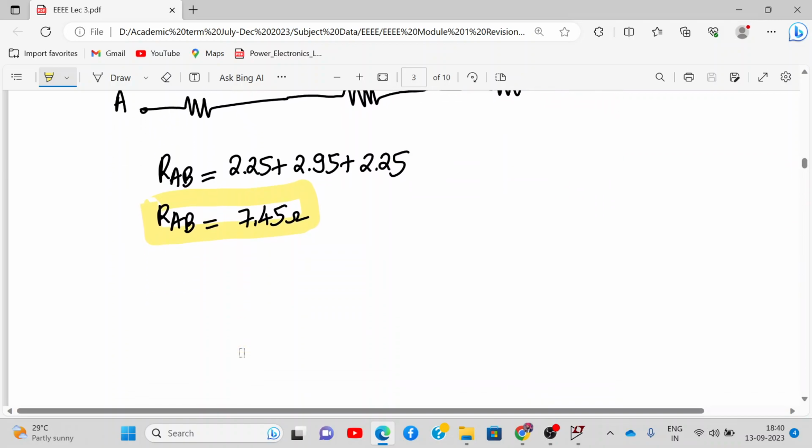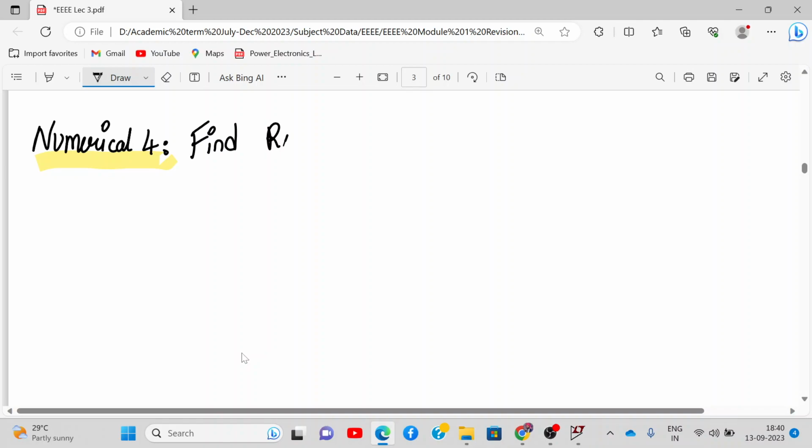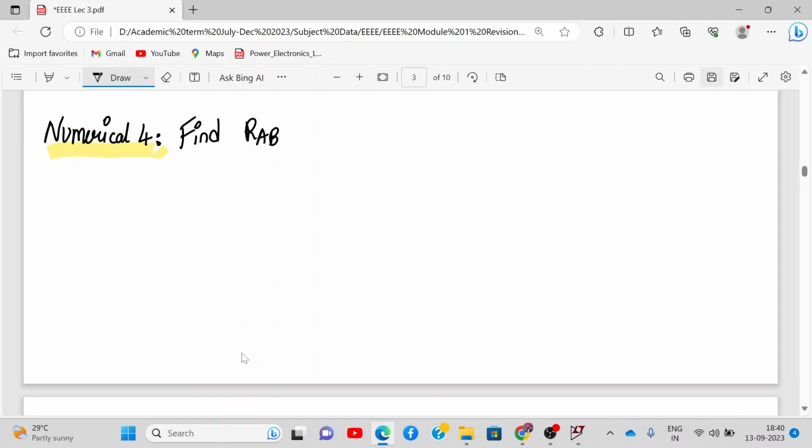All right, so let's go to the last numerical for the day. Okay, so let me write over here numerical number 4. So again, numerical number 4 will be to find RAB. Now let me draw the circuit first.